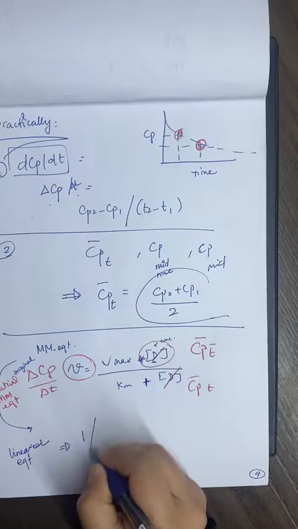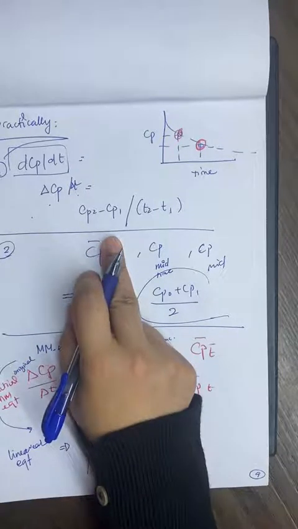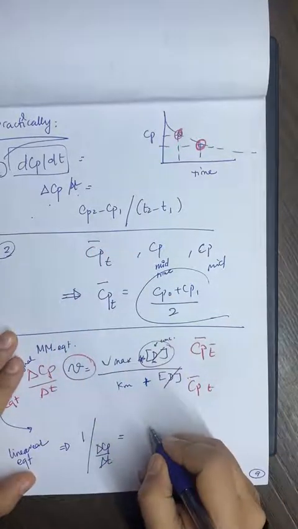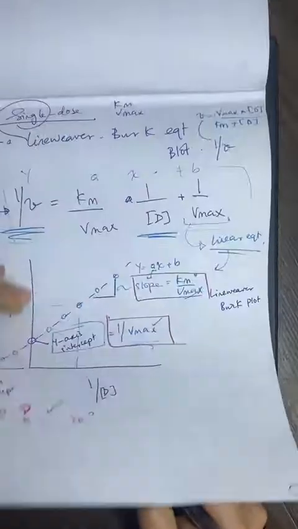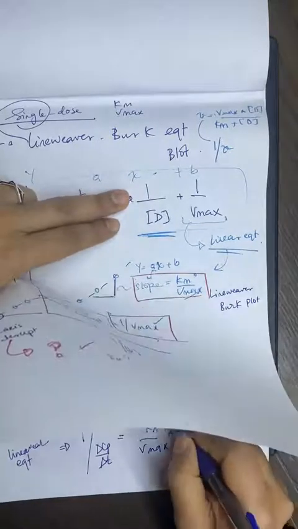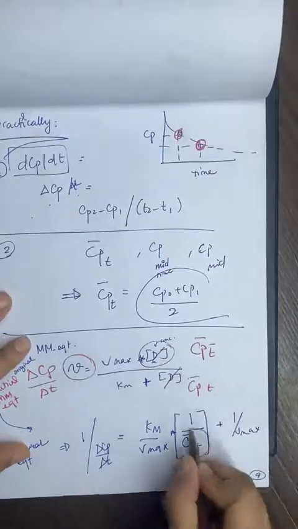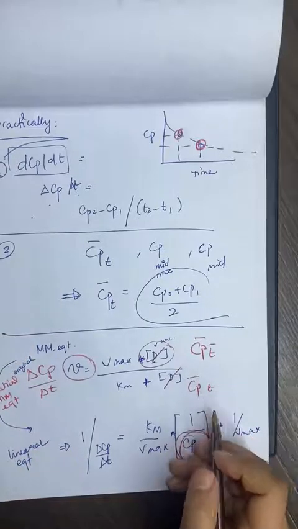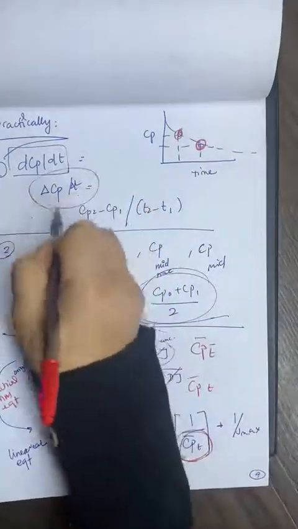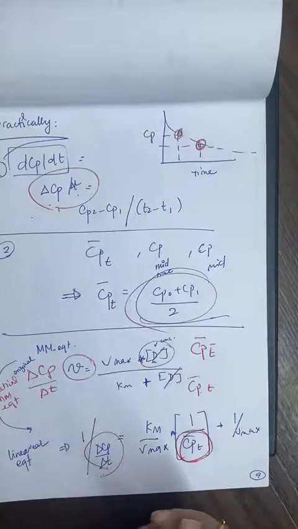Again, it should be 1 over the change in concentration over time, which will be equal to Km over Vmax multiplied by 1 over the mid concentration, plus 1 over Vmax. So we have delta C versus delta T to have it as a rate.